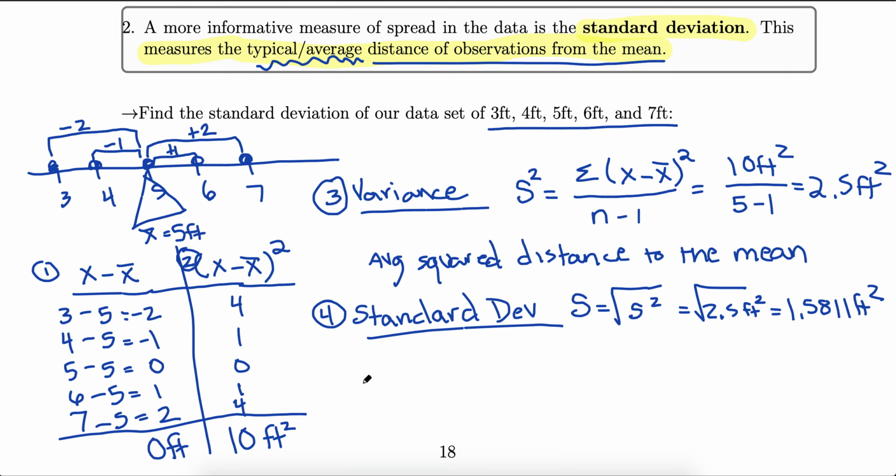Okay, and, oh, not squared. Okay, 1.5811 feet. So this tells us the average distance or typical distance of points to the mean. So I'll label that here, average distance to the mean.